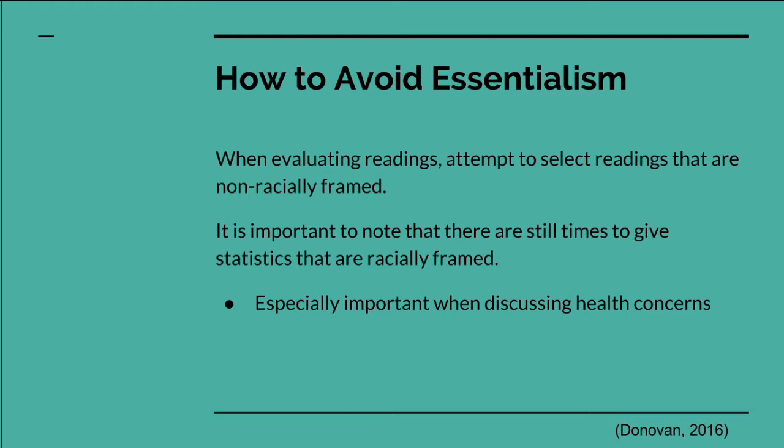Statistics that are racially framed potentially make a group of students think less of themselves or less of another group. And the one important thing to note with this is that there are still times where giving racially framed statistics is important, such as, and if you look in the handout, I provided several that are true, that I forget the exact number, but I believe 1 in 100,000 European Caucasians will develop Huntington's disease.